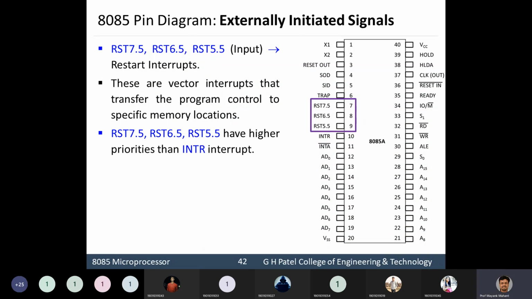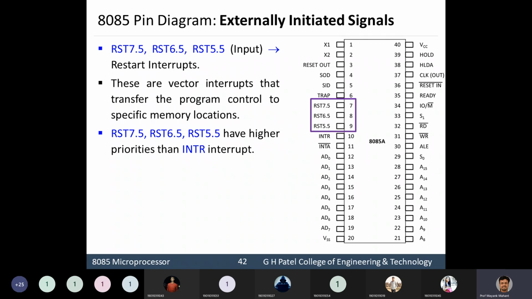The 7.5, 6.5 and 5.5 have higher priority than INTR. Now what do we mean by priority? A service is to be provided by the microprocessor when an interrupt is requested.